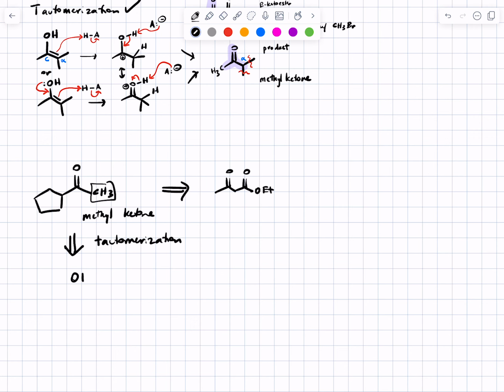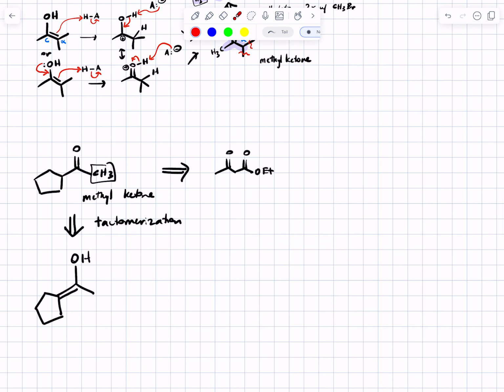It's an enol, so there's an OH group. Where should my carbon-carbon pi bond be? Towards the ring, right? That's not to say there's not another enol that could form. That's fine, but we're thinking backwards along the pathway that led from our starting material to our product. Okay. So that's the enol form.